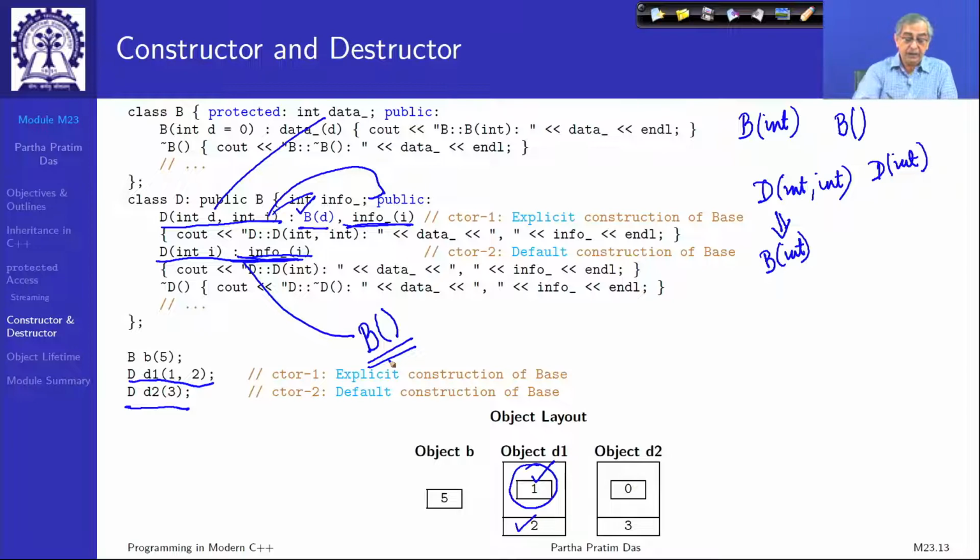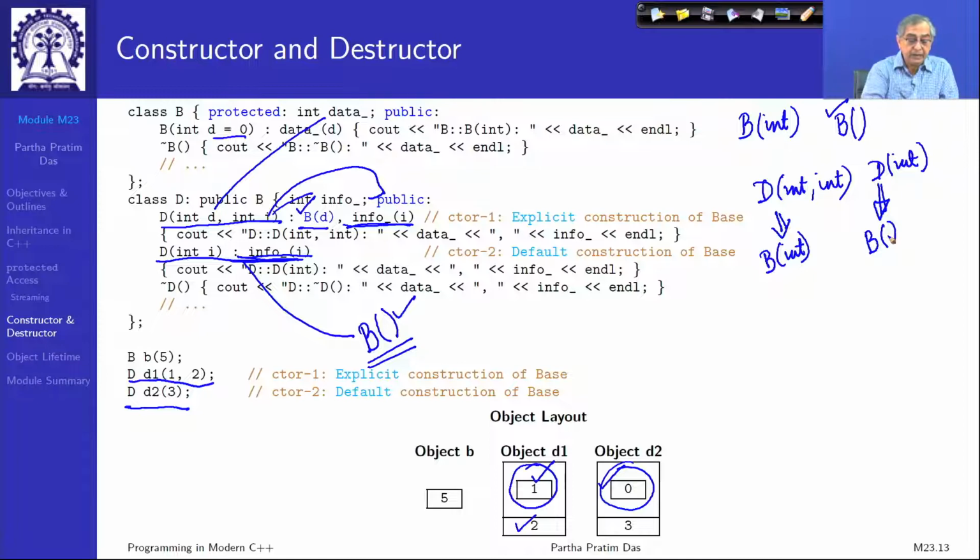So, first this is invoked, though it is not written. It finds that the base class has a default constructor, so it constructs with the default constructor, which sets it to 0. So, you get this part of the object D2 set, which means that this second constructor of the derived class is using the default constructor of the base class.